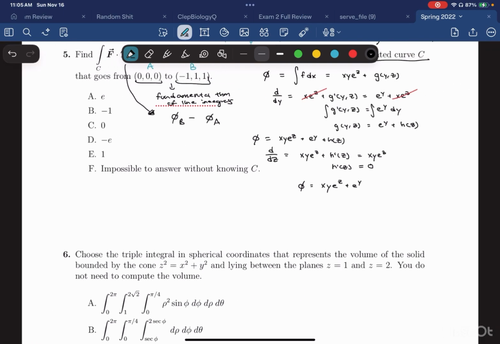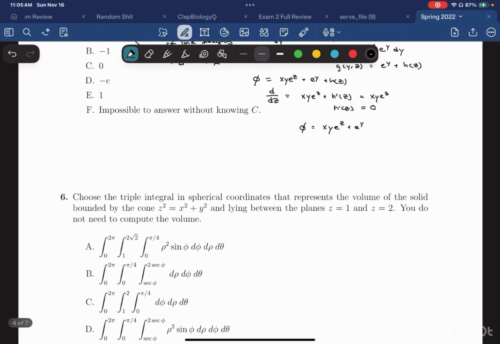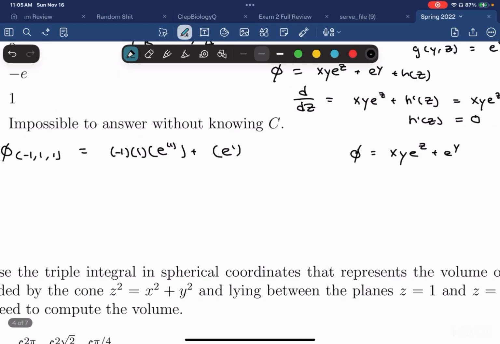So now we just have to plug in these points. The potential function at negative 1, 1, 1 will be equal to negative 1 times e to the power of 1 plus e to the power of 1. So you just get negative e plus e, which is 0.